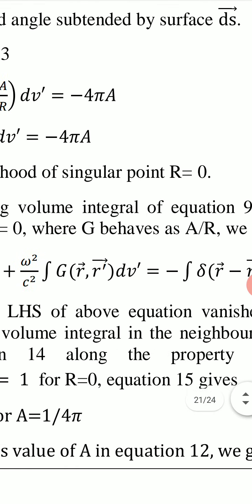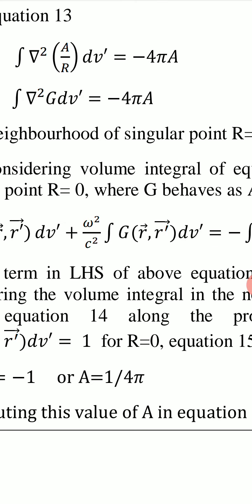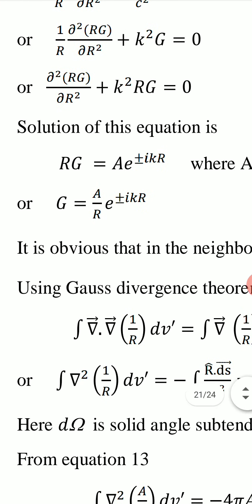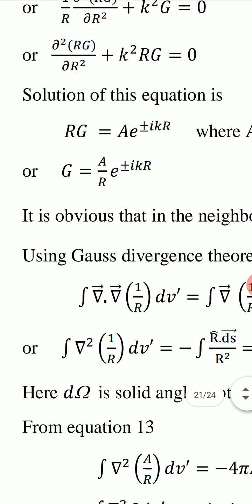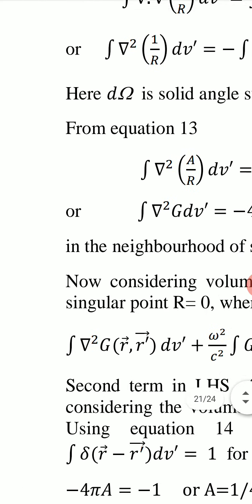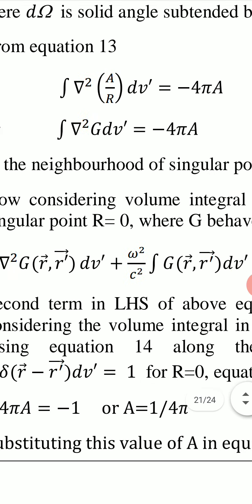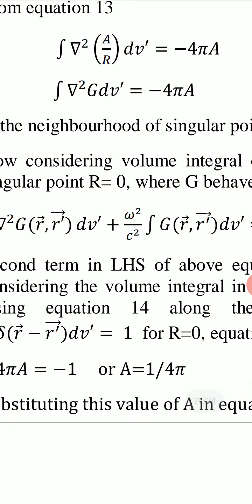In the neighborhood of singular point r equal to 0, this g behaves as a upon r. Value of g was this, a upon r e to the power plus minus i k r, and in the neighborhood of singular point where capital R is 0, g is equal to a upon r. So we write g for a upon r, and we have this relation integral del square g dv dash equal to minus 4 pi a.